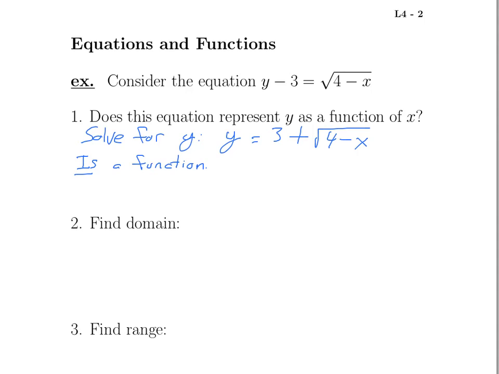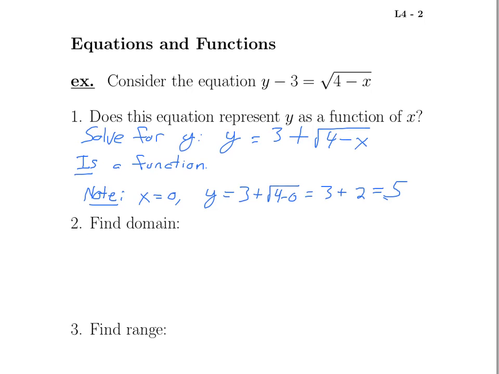So, note that if I put in something like x is equal to 0, then y is equal to 3 plus the square root of 4 minus 0, which is equal to 3 plus 2, which is equal to 5. So you'll notice that I put in one x value, and I get out one y value. And that's going to be true for all x values that I put in there.